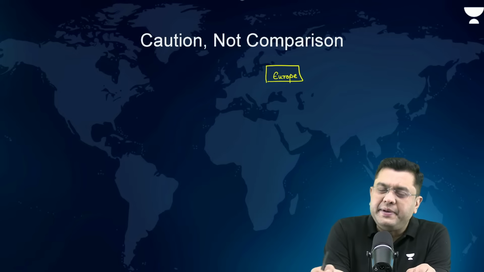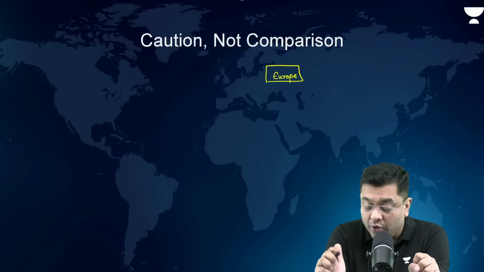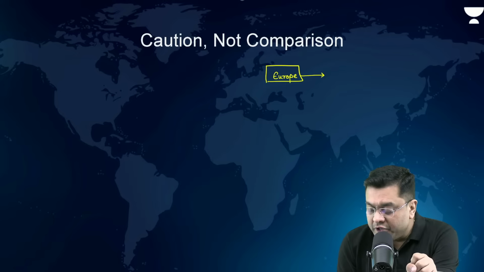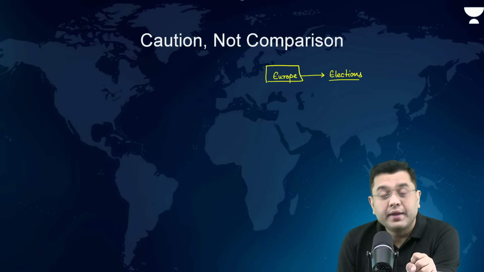It was not because some dictator took over. It was not because suddenly there was a military coup which happened. No. Europe turned towards very authoritarian regimes in a very legitimate way. You had elections which were held. The elections decided the outcome.